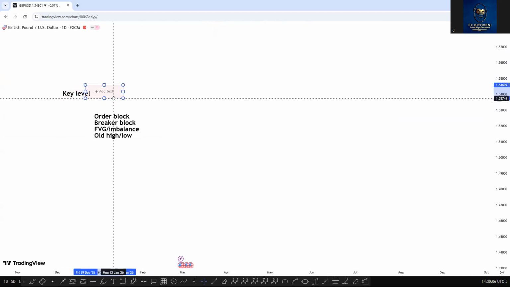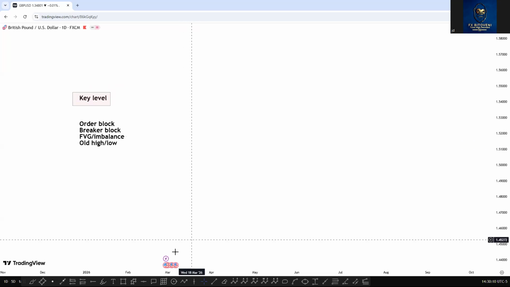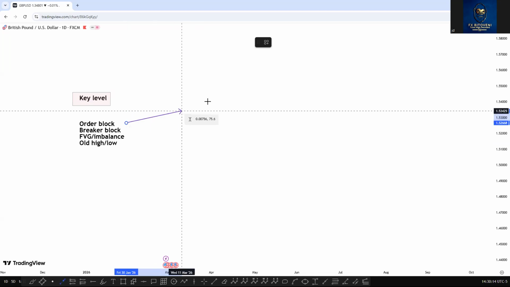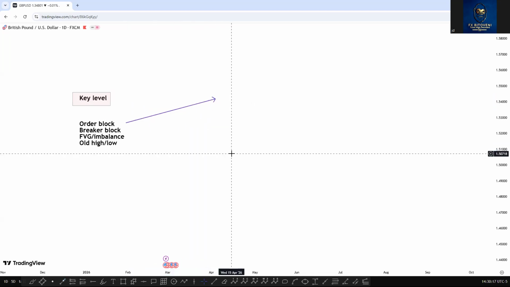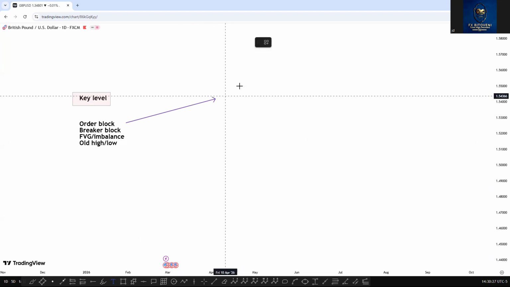Starting from another block. Another block, of course, will be that candle that patched the liquidity, that filled the liquidity, or that tested another existing other block. So that's what we call another block.